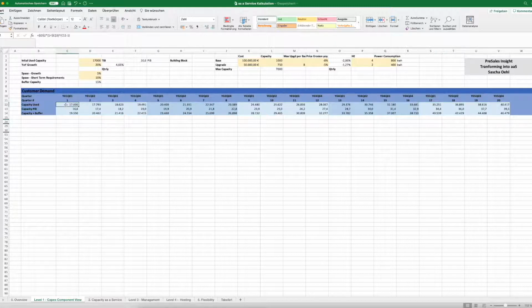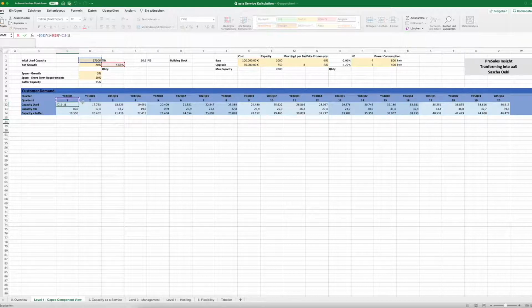Then we started with the 17,000, and you see here, let me mark it. Basically, we take the D2 cell, the capacity that we've got initial, and multiply it with the increase, the growth that we have quarter by quarter, and use then the quarter to have the factor of it.